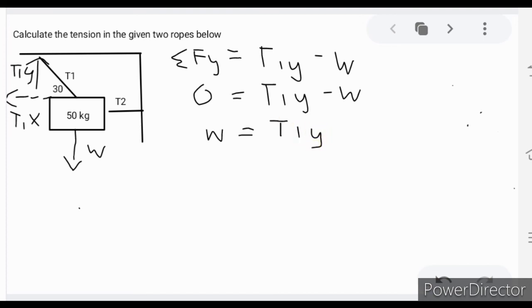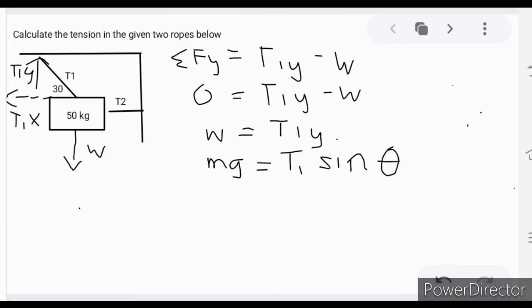We all know that weight is equal to mass times gravity, and that Ty is equal to T sine theta. So we have T sub 1 sine theta.